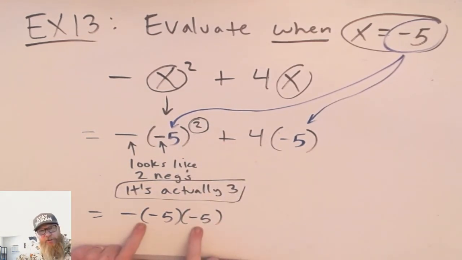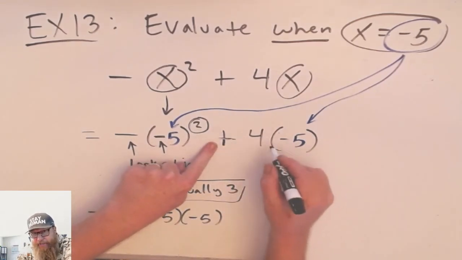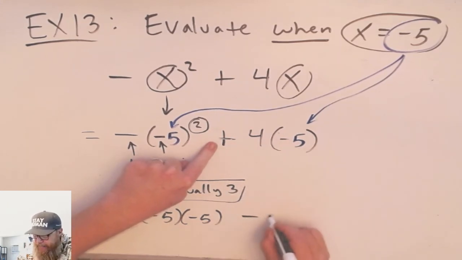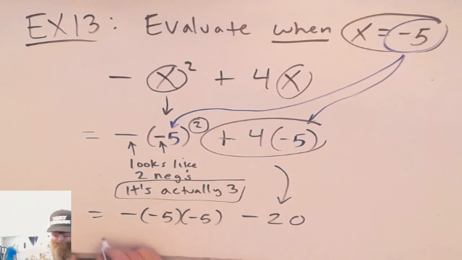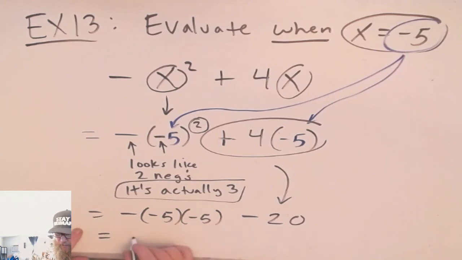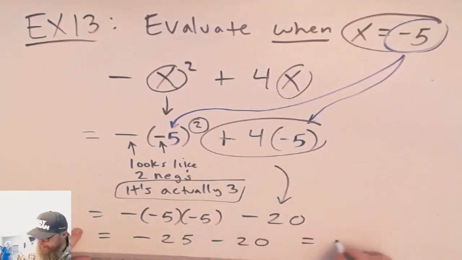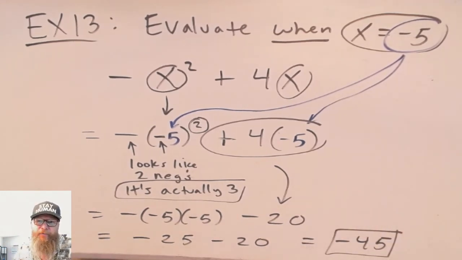So it's actually 3 negatives. And then up here, you've got a positive and a negative, so that's going to be a negative 20. So you have a negative times a negative times a negative. So that's going to be negative 25. That's a negative 20. So the final answer is negative 45.